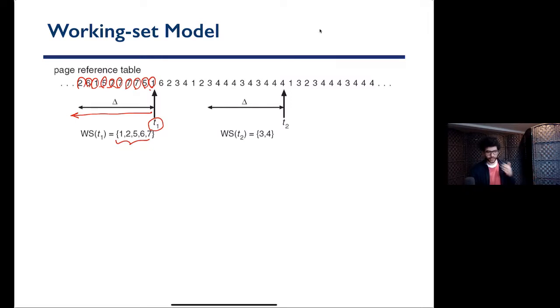I need 5 pages. Now at time T2 here, I look back at this delta time, and I look at all the pages that I needed. In this case, I needed 3 and 4, but as you can see, I used 3 a lot, I used 4 a lot. So my working set has shrunk. Now I don't need 5 different pages, I only need 2 pages.